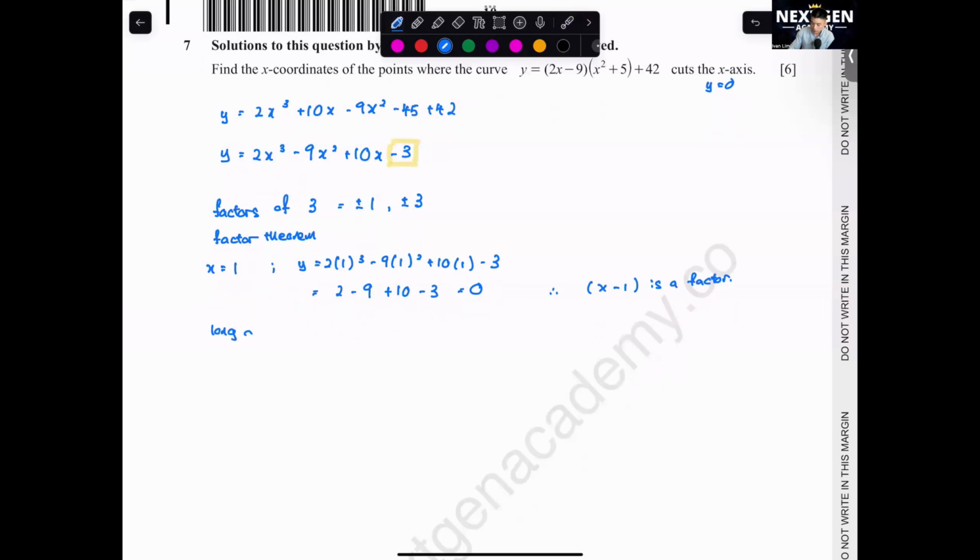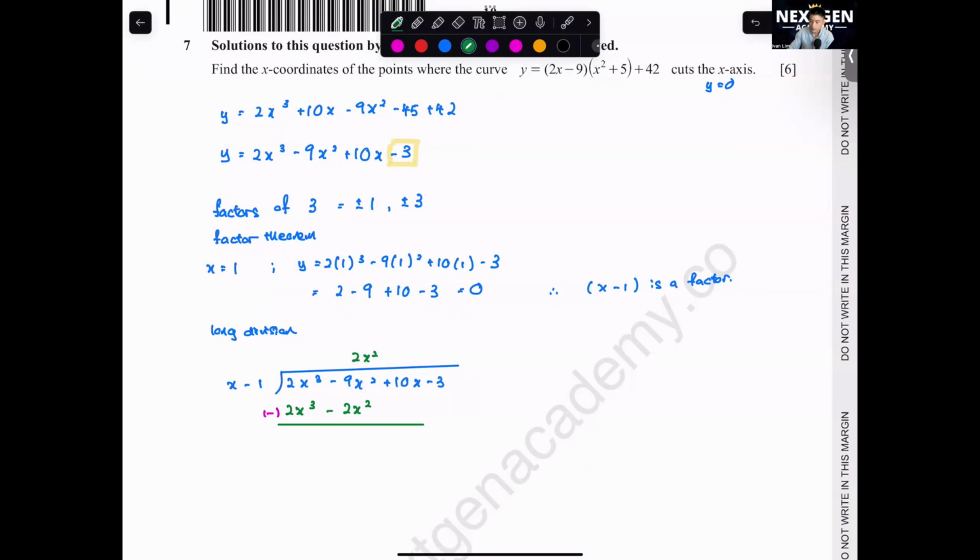Let's do a long division. Dividing by x minus 1, we take 2x cubed minus 9x squared plus 10x minus 3 divided by x minus 1. 2x squared: 2x cubed minus 2x squared. What I like to do is put a little negative at the side.